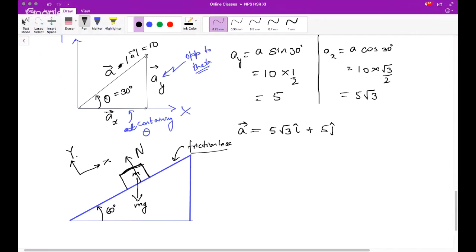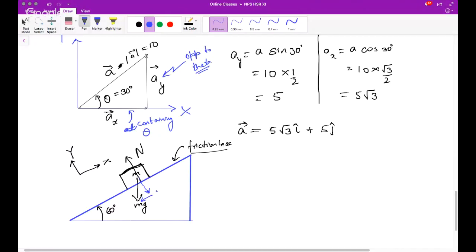Clearly normal is in the y direction, so we don't need to resolve normal, but the weight mg is not along the two coordinate axes, so we need to resolve that into two components. These are the two components: this is the y component, and this will be my x component.